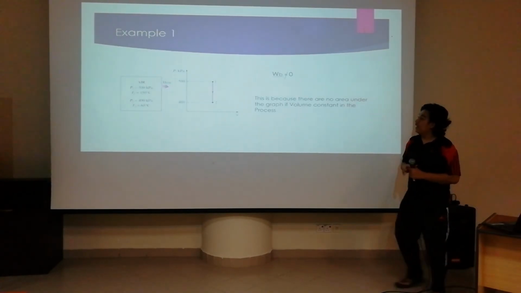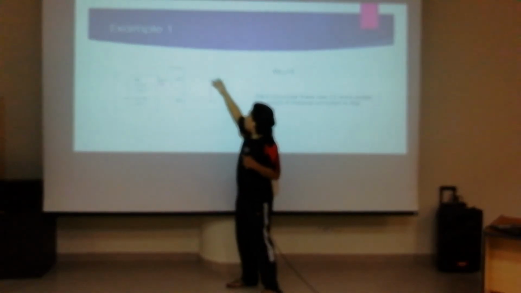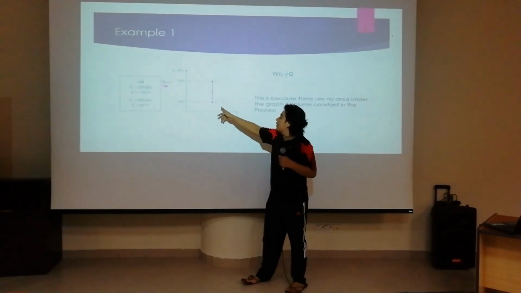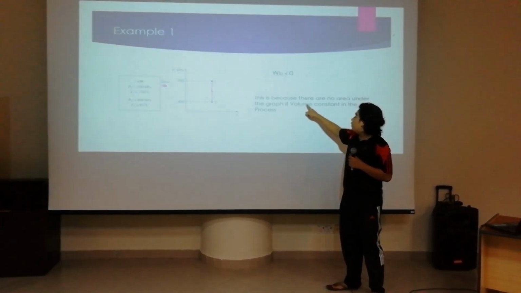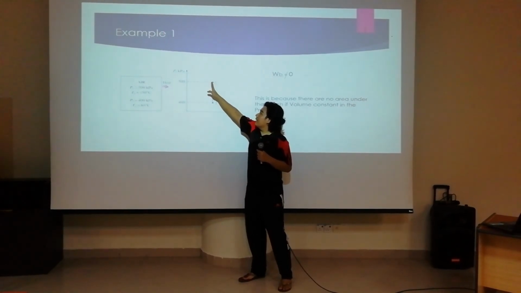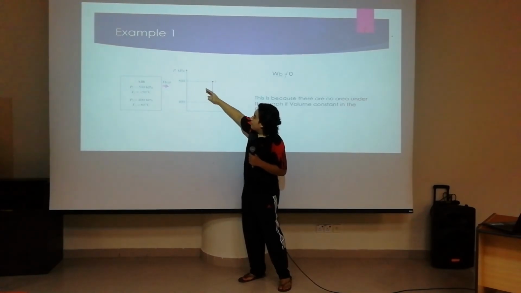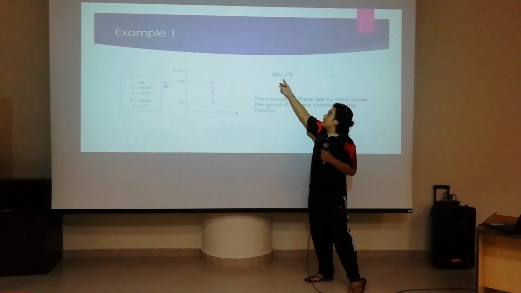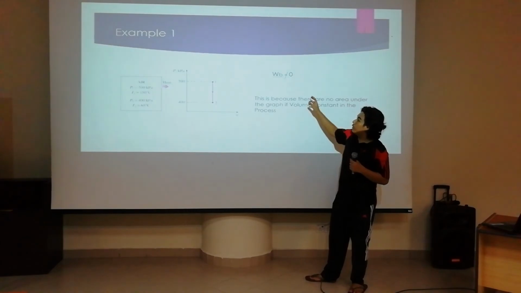For example, this is an isochoric process. In an isochoric process, when the volume is constant, this will be a straight line. So there is no area under the graph, and the boundary work is equal to 0.